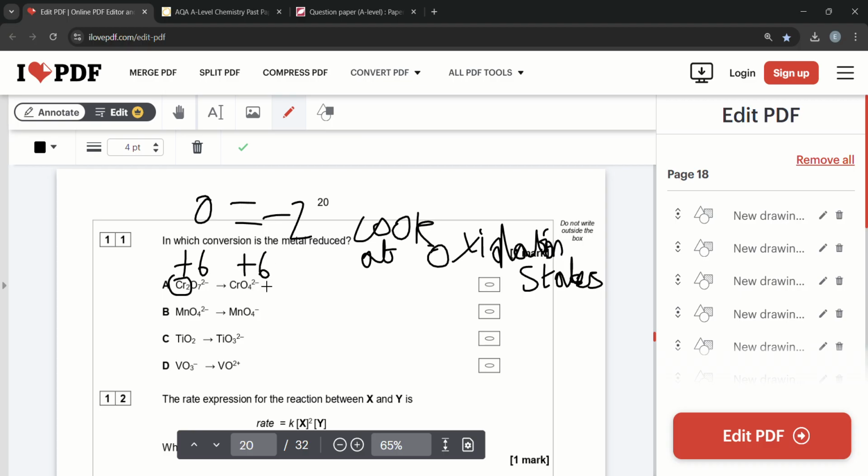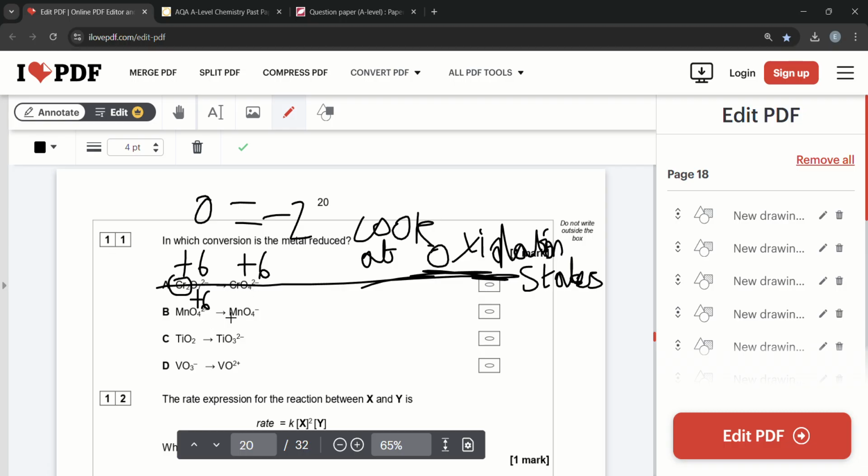Plus 6. The oxidation state does not change at all, so it can't be A. B: minus 8, plus 6 again. Wait, minus 14 plus 12 gives minus 2, minus 8.